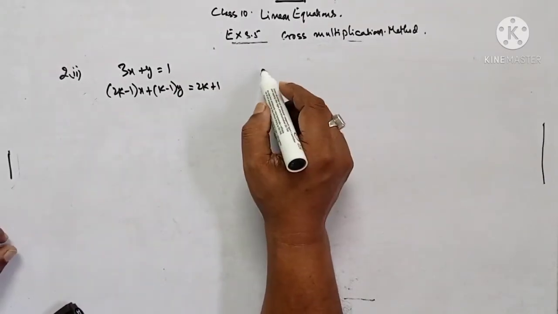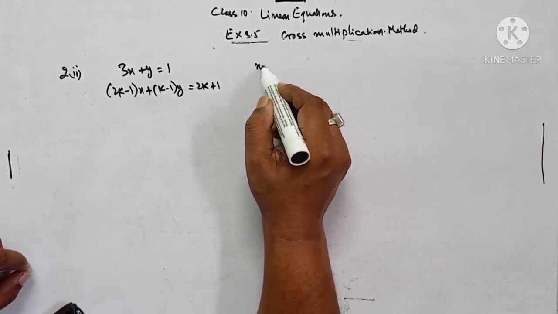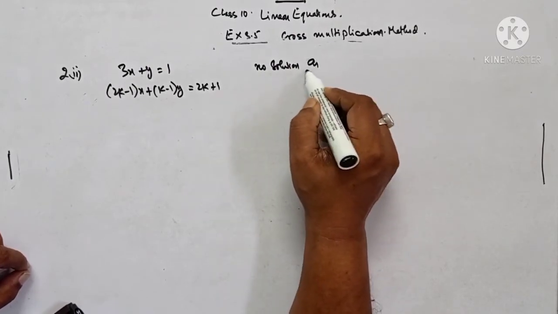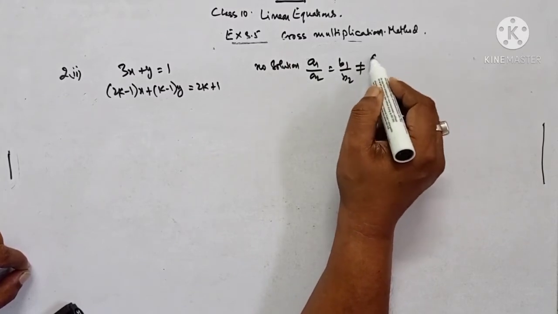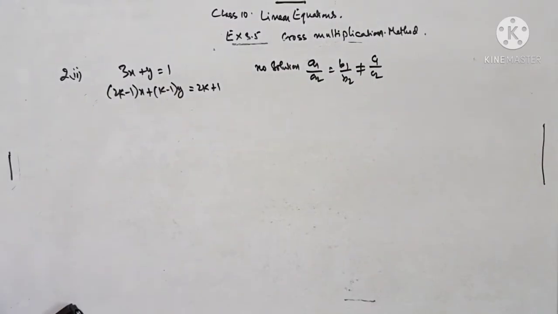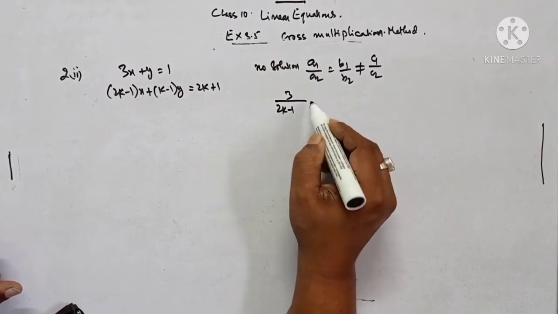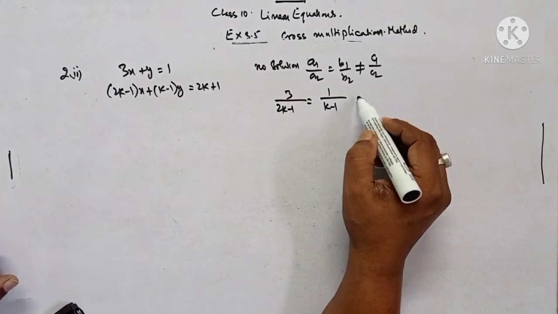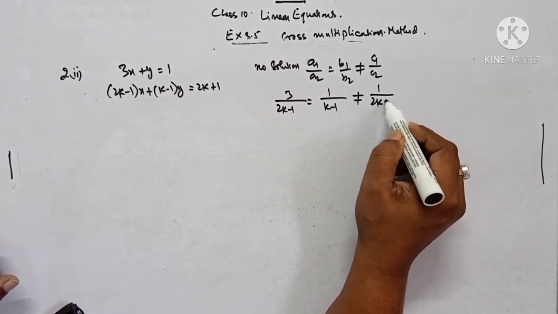So here it is no solution. For no solution, this will be a1 by a2 equal to b1 by b2 not equal to c1 by c2. So here 3 by (2k minus 1) is equal to 1 by (k minus 1), and this is not equal to 1 by (2k plus 1).